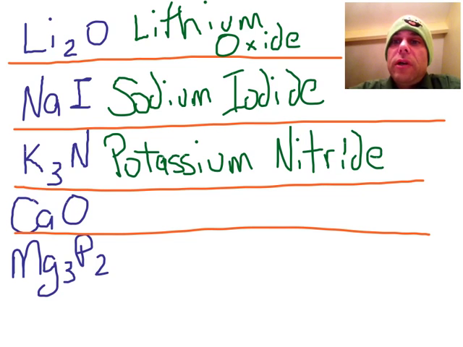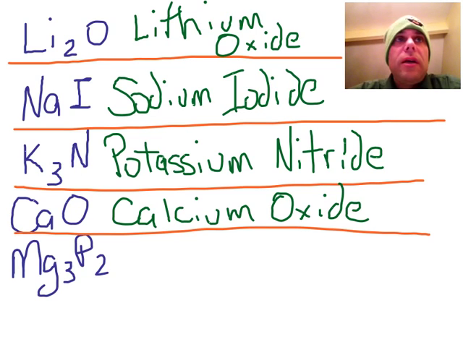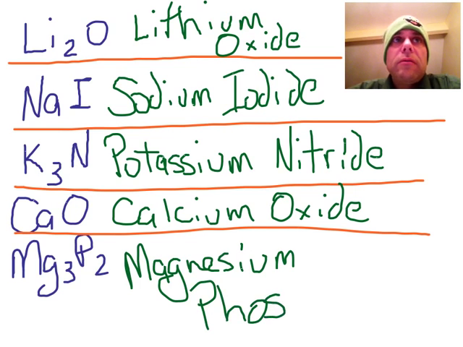Next, calcium and oxygen becomes calcium oxide. And lastly, magnesium and phosphorus becomes, yes, you guessed it, magnesium phosphide.